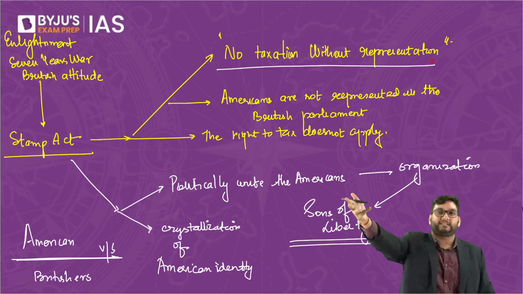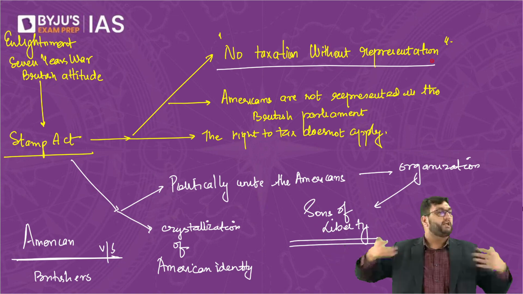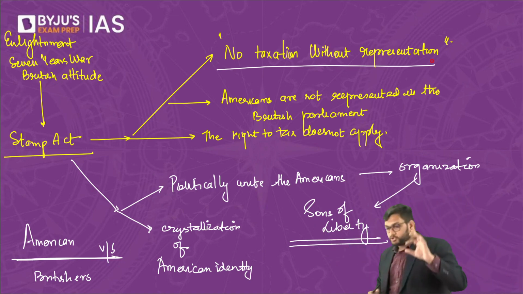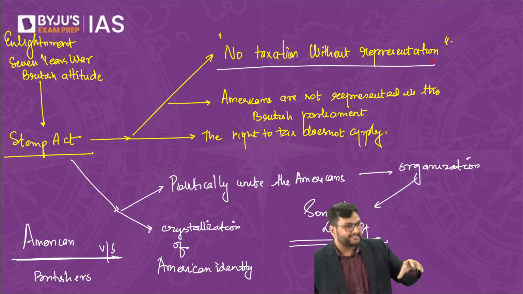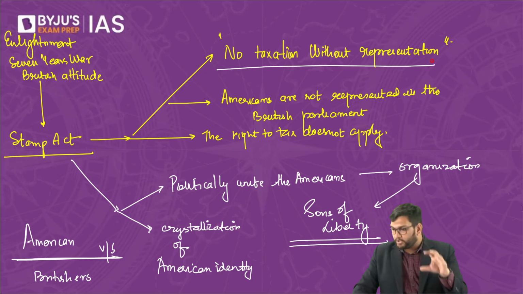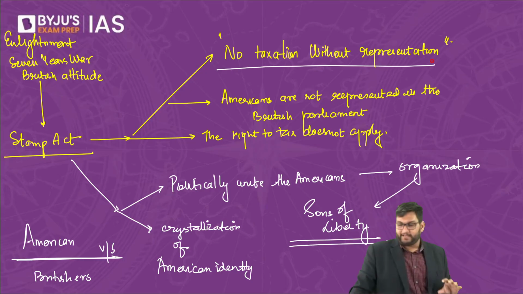First represent us in the parliament, and if you are not going to represent us, no one is going to pay the tax. So I hope that you are understanding the gravity of this act, or the importance of this act in the larger story of your American Revolution, because this is going to change everything.